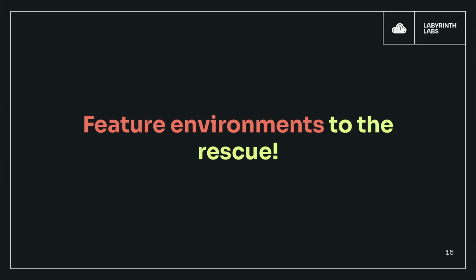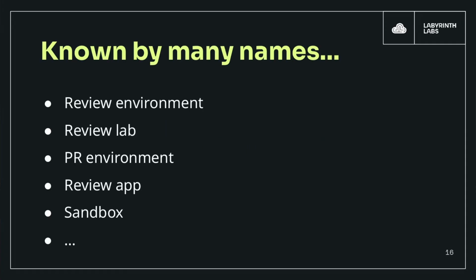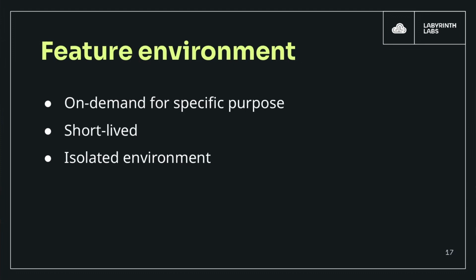And here come the feature environments to the rescue, to help. Feature environments might have a lot of names. For example, review environment, review lab, PR environment, or review app, which is what it's called in GitLab, or sandbox, you name it. The name is not so important, but what actually is a feature environment?